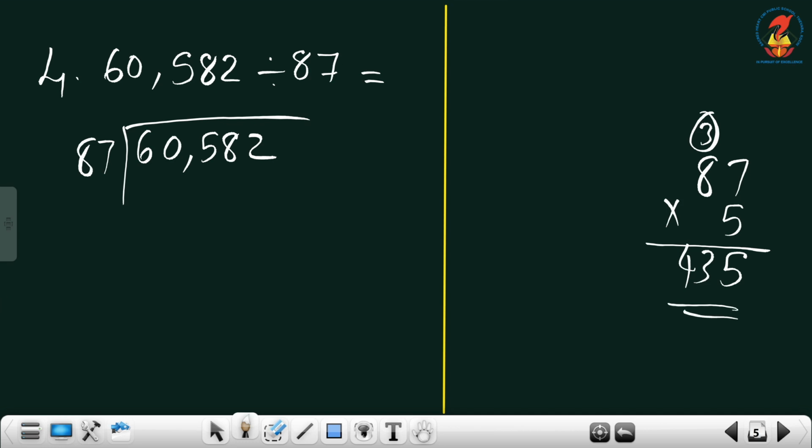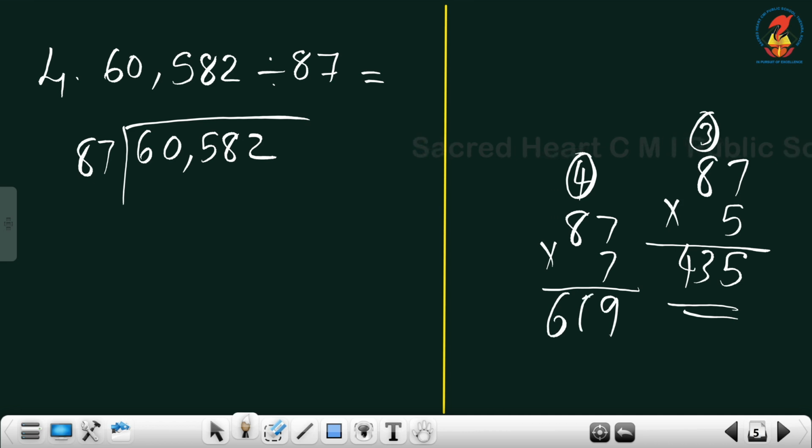Again we need to check it with a bigger number, right? 87 into 7 I can check. 7 7s are 49, 4. Then 8 7s are 56 plus 4 is 60. Okay, 609. That is greater than this.